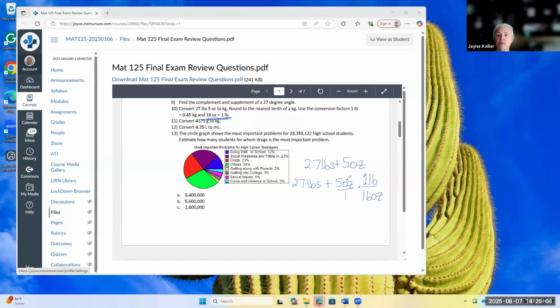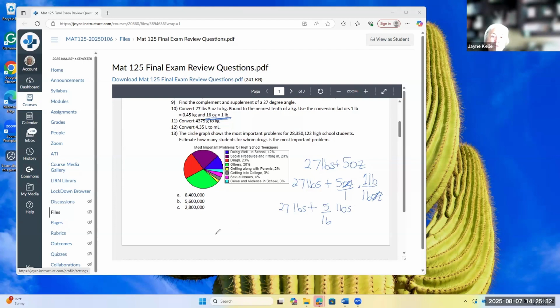So now when I multiply these two together, my ounces cancel. So I have 27 pounds plus 5/16 of a pound. And then it might be easier before I convert further to make this an improper fraction.